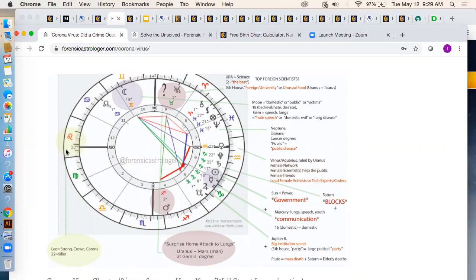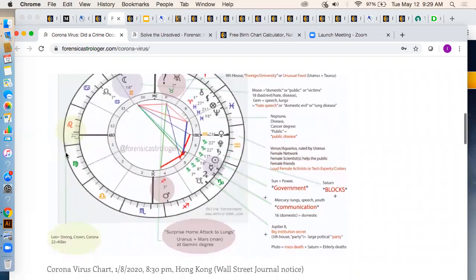So this, I believe, is a good representation of the chart, so I feel confident about analyzing it. The ascendant describes what's going on at the moment of the crime and what the victim or victims are experiencing. And with Leo meaning corona and 22 to be killed or to kill, I believe it represents the corona killer.